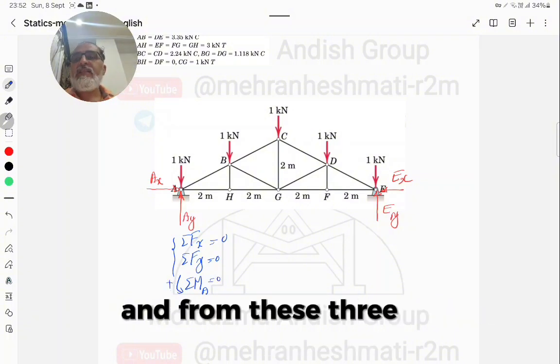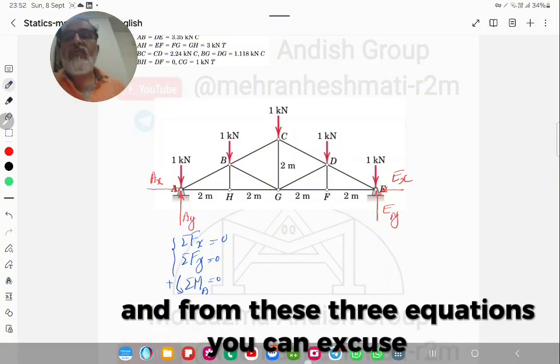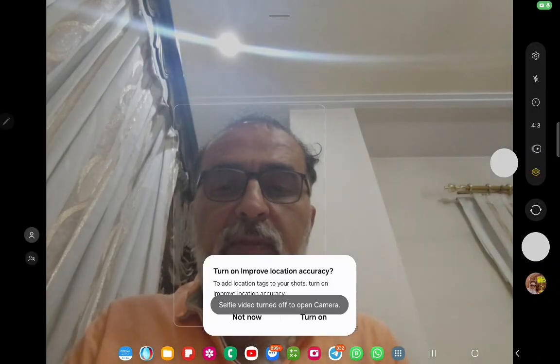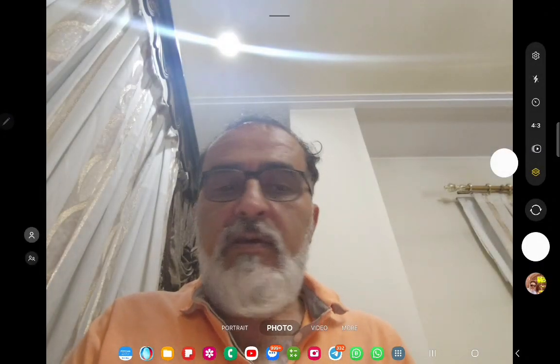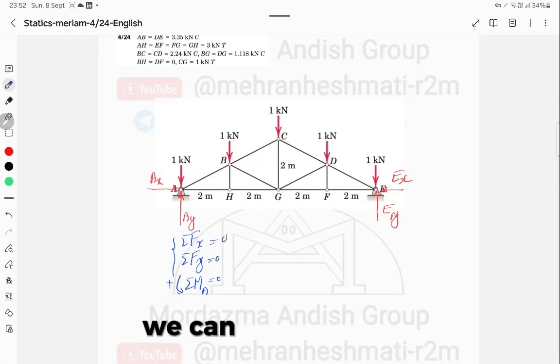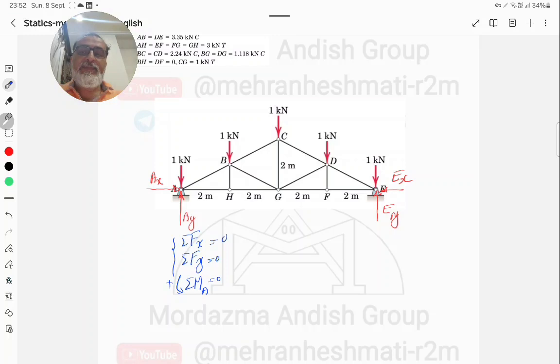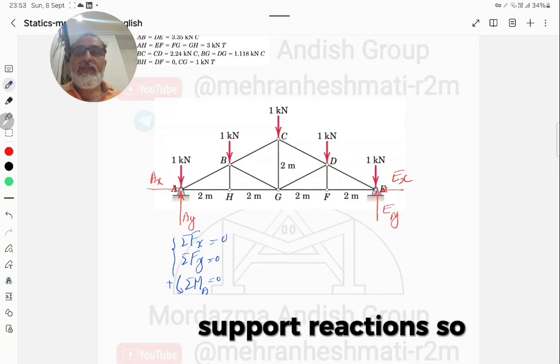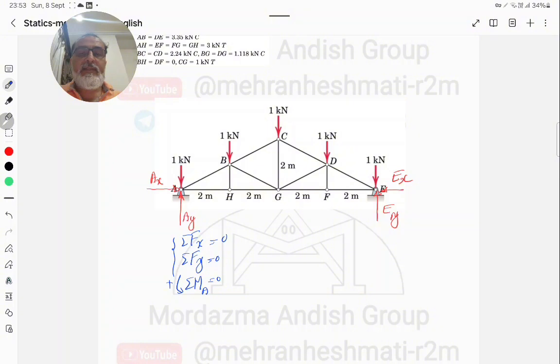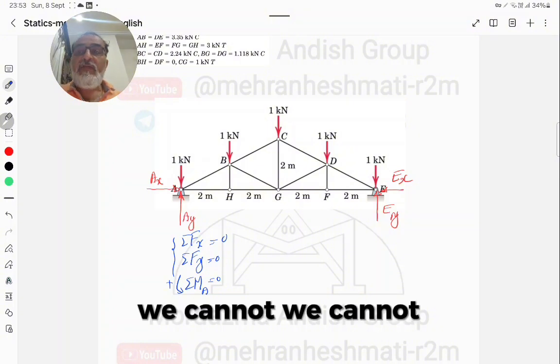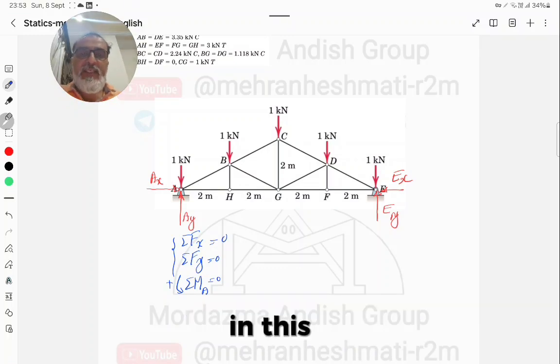And from these three equations we can find only three unknown support reactions. So we cannot find all reactions here.